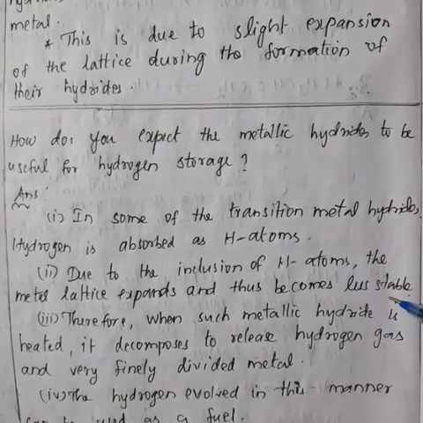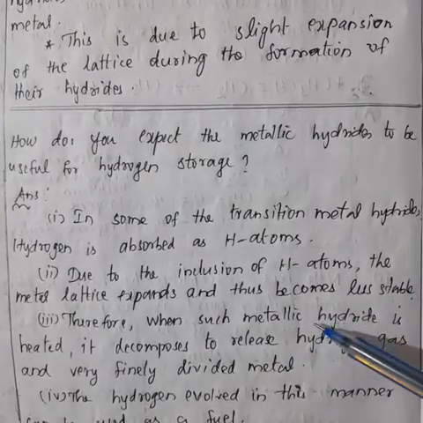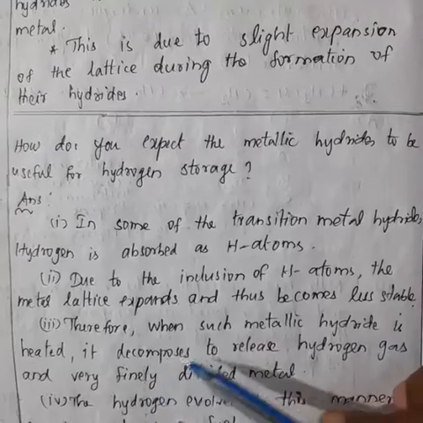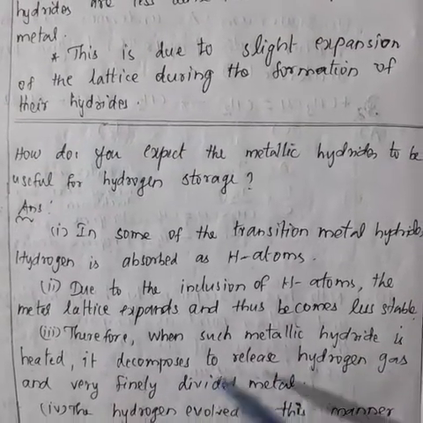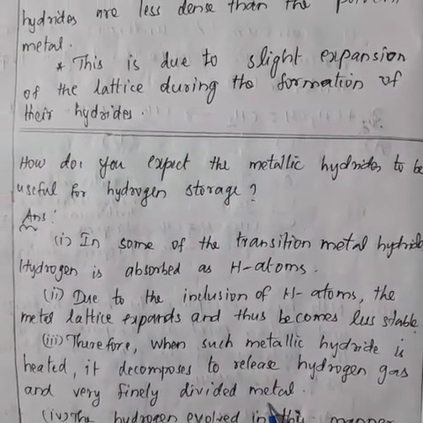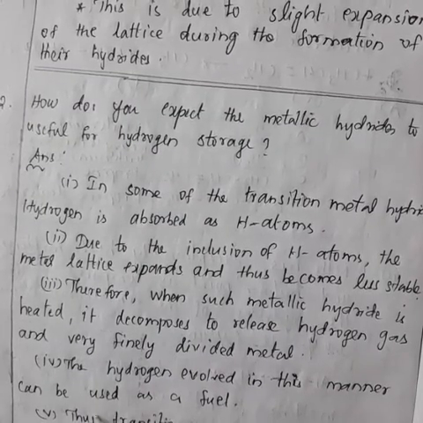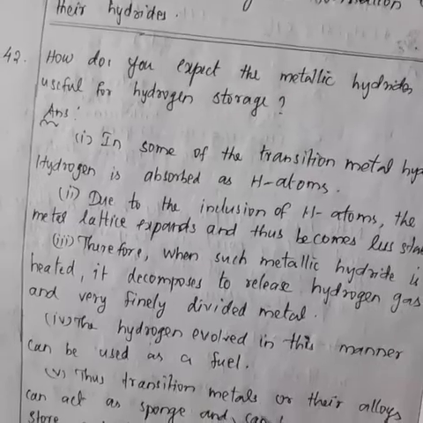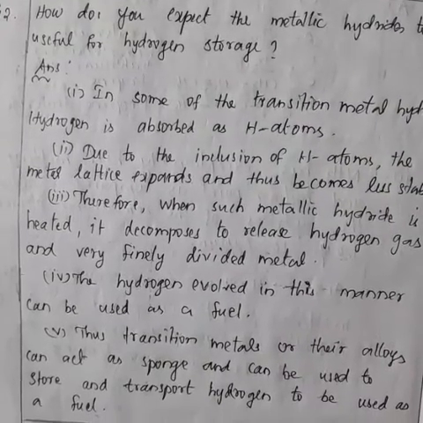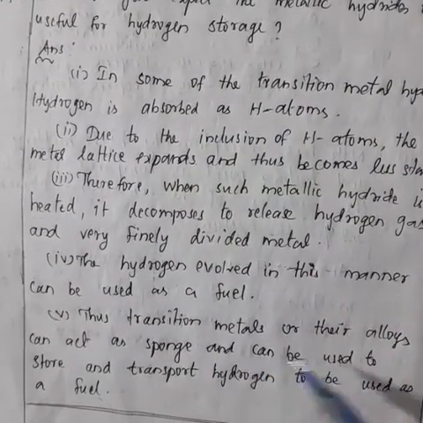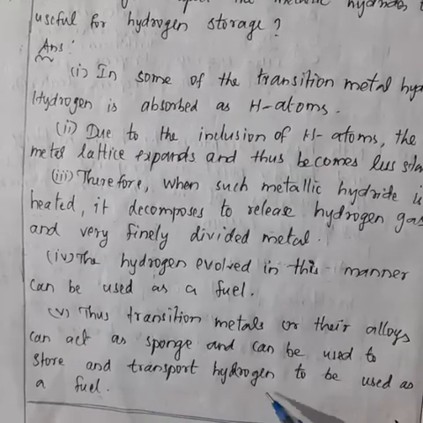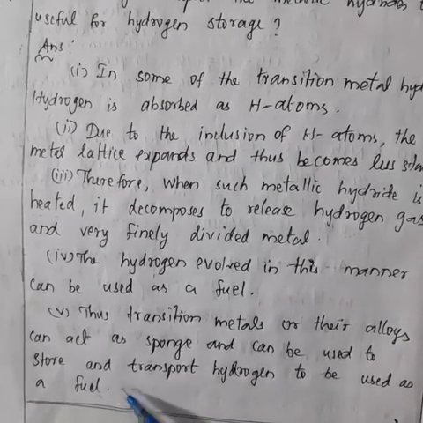Therefore, when such metallic hydrides are heated, they decompose to release hydrogen gas and very finely divided metal. The hydrogen evolved in this manner can be used as a fuel. Thus, transition metals or their alloys can act as a sponge and can be used to store and transport hydrogen to be used as a fuel. Okay, this is question 42.